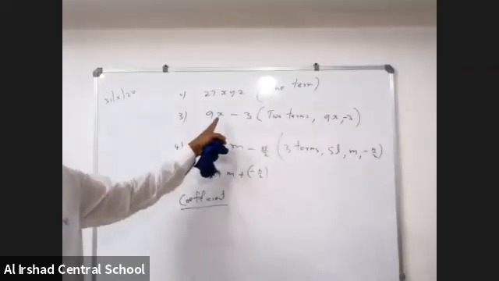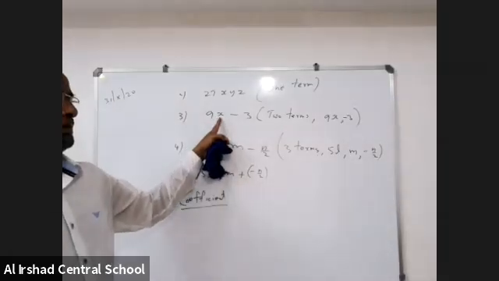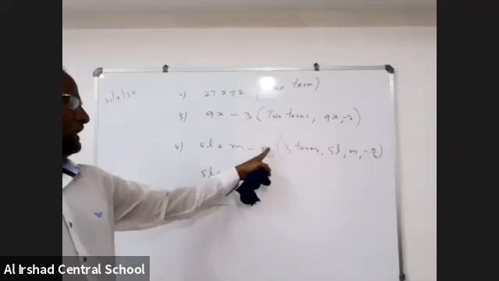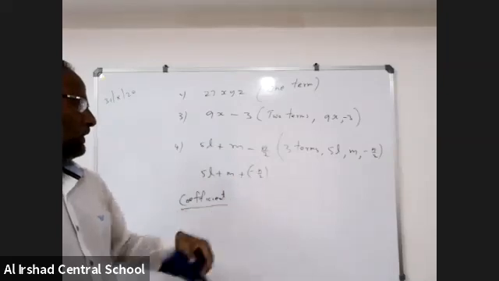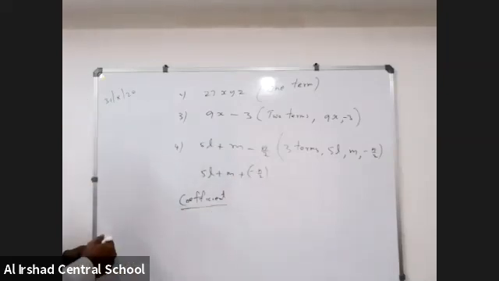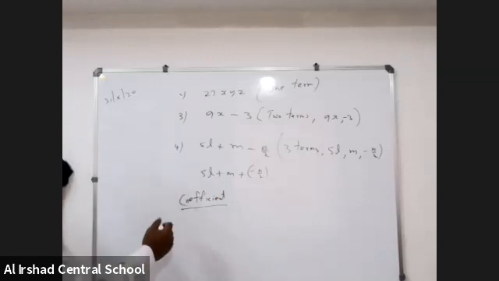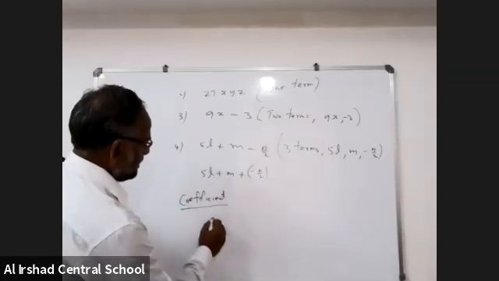What is the coefficient of x? 9. Coefficient of L here 5. What is the coefficient of n here? No, minus half, this 1 by 2 into n, minus half is the coefficient.